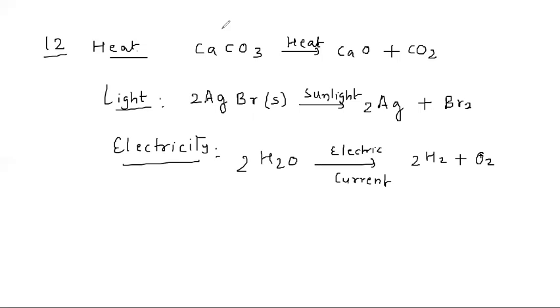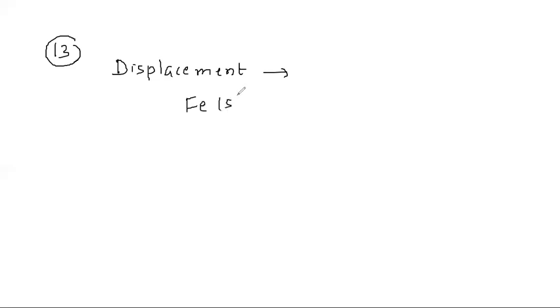So now question number 13. What is the difference between displacement and double displacement? In displacement reaction, a more reactive element displaces a less reactive element from its salt solution, like Fe solid plus CuSO4 gives FeSO4 plus Cu.